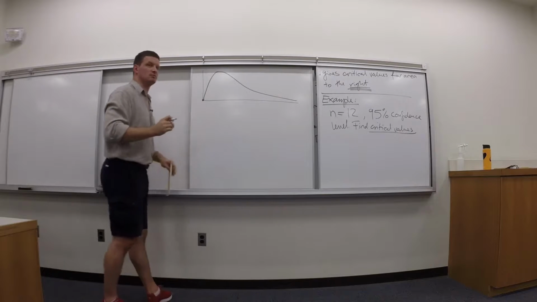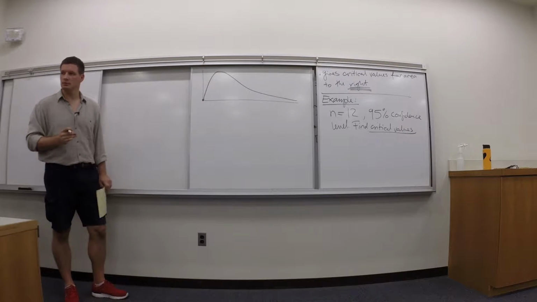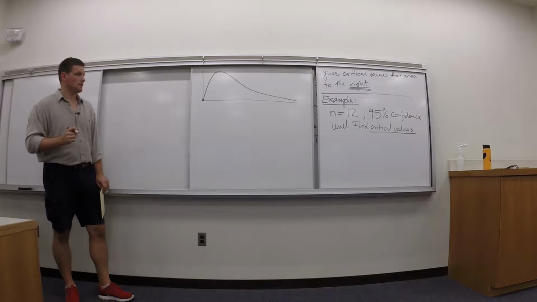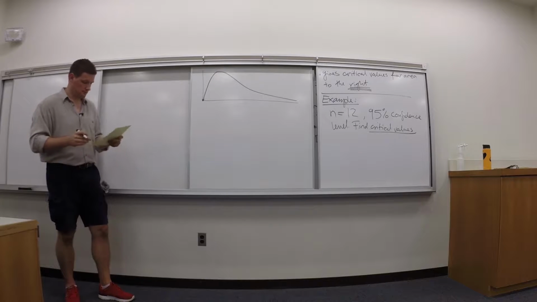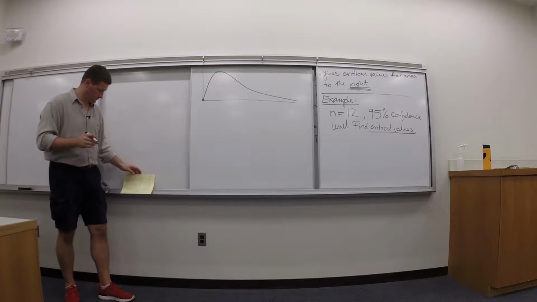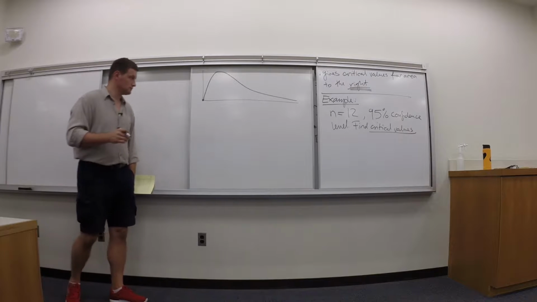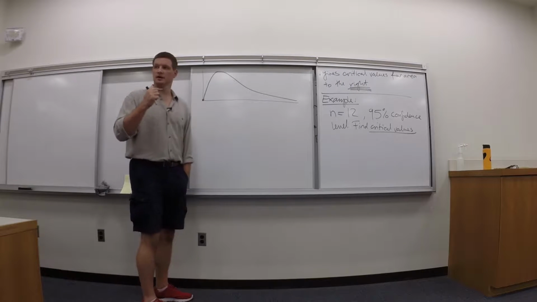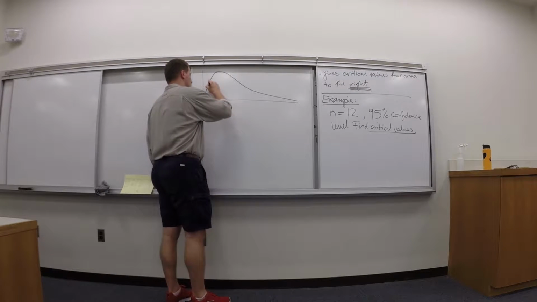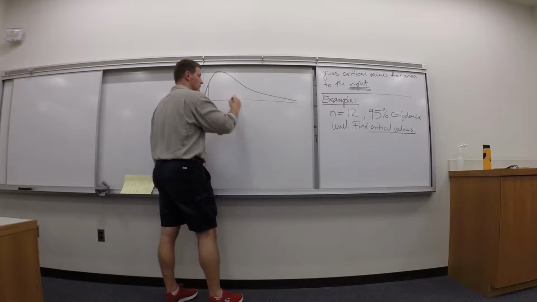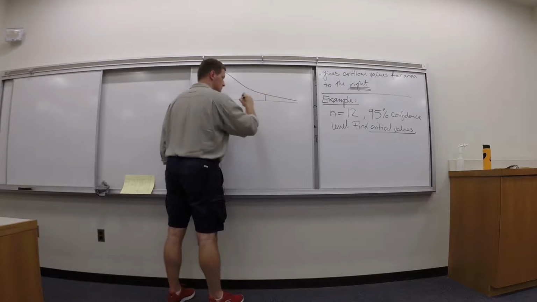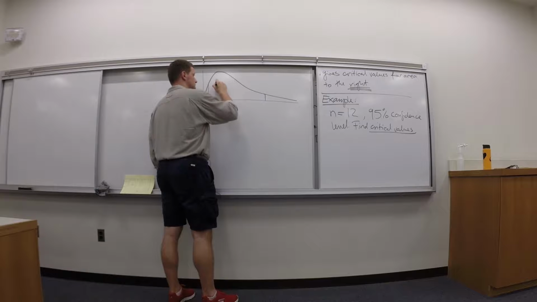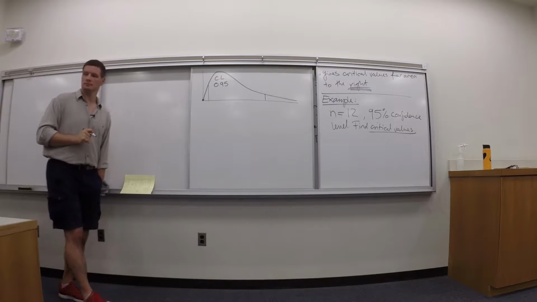My chi-squares aren't as beautiful as my standard normal, but this is still 95%. So somewhere in the middle of this is our confidence level at 95%.